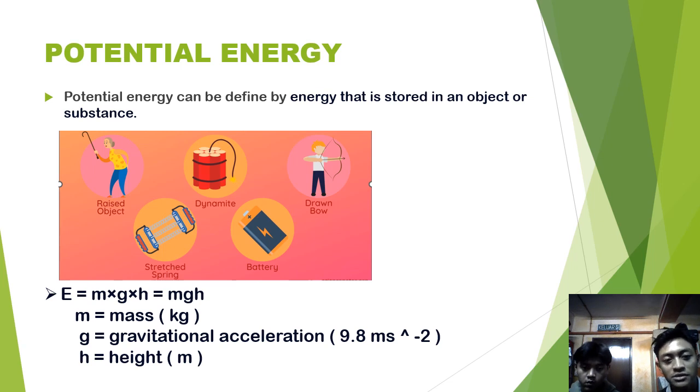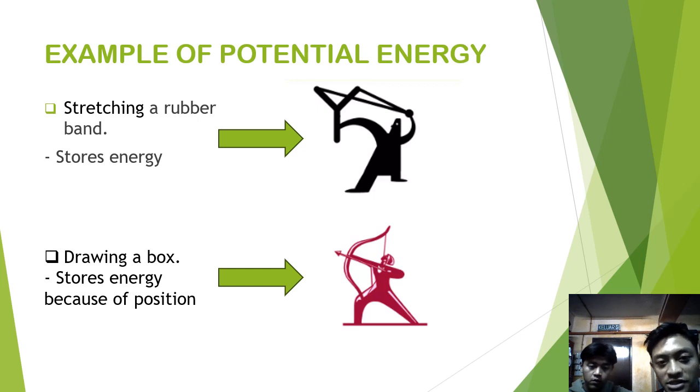The expression of potential energy, as we can see, is E equals M times G times H, where M is mass, G is gravitational acceleration, and H is height. Examples of potential energy: stretching a rubber band, that is stored energy. Second, raising a box, stored energy because of position.